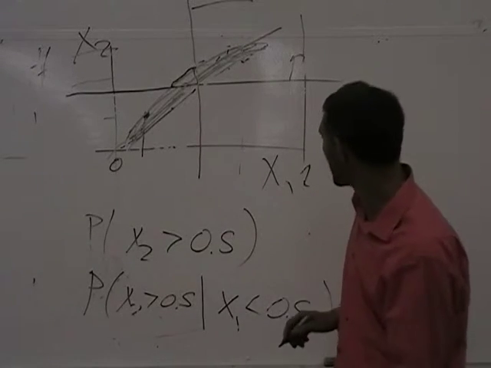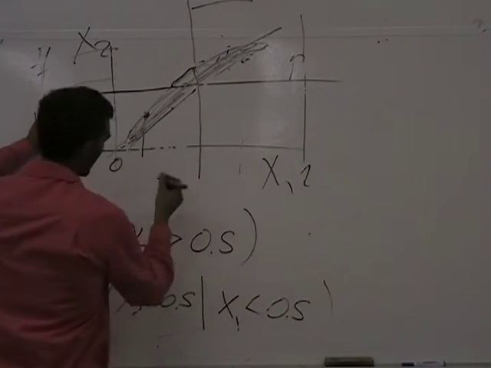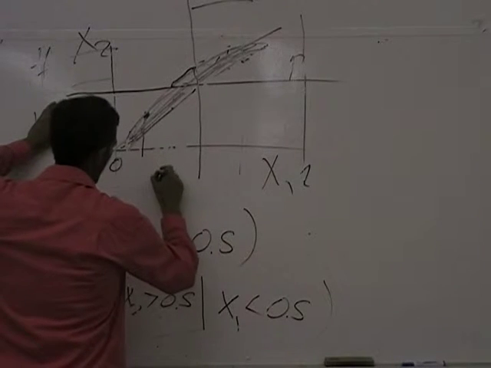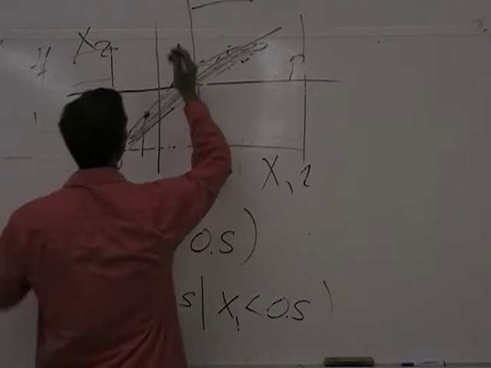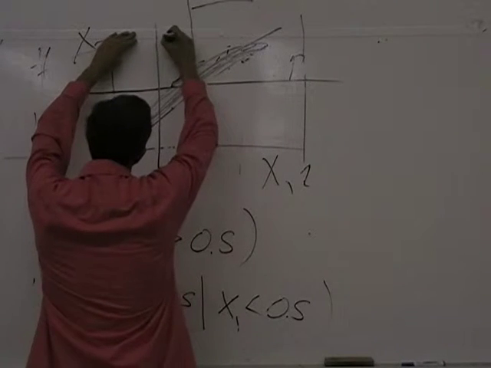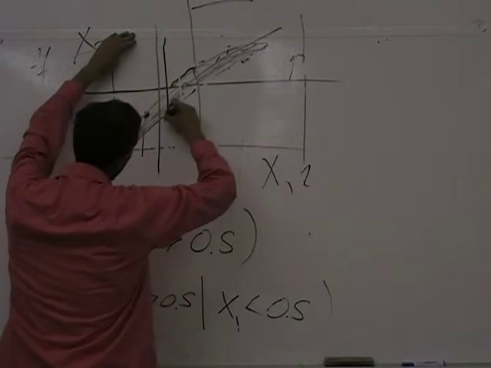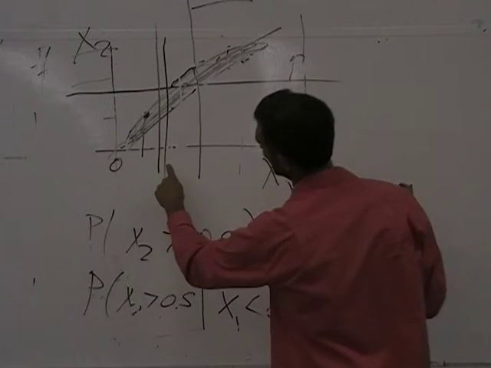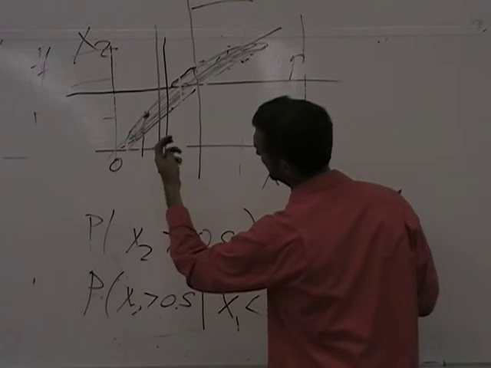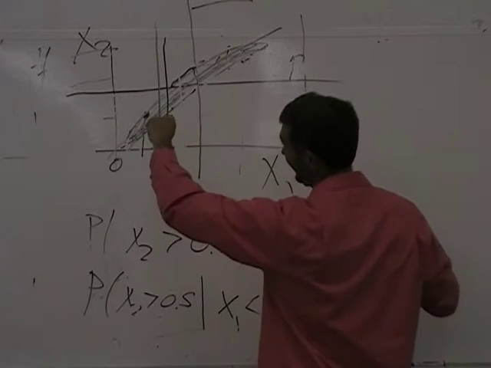But if I look at the conditional probability of some fine slice here, I can say, how do I do that?